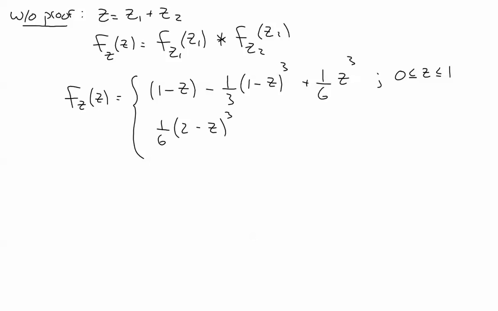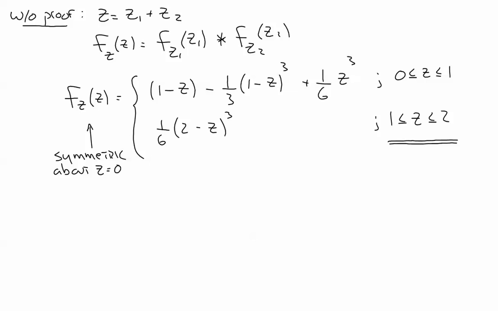Raised to the third power. And this is for 1 less than or equal to Z less than or equal to 2. You'll notice that I've written the limits for positive Z from 0 to 2, and this is actually symmetric about Z equals 0.